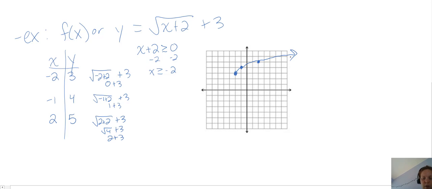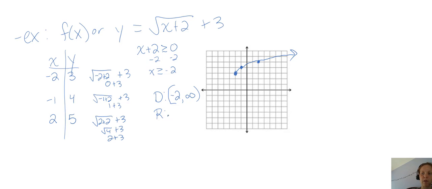So for this one, and we started talking about this domain, the first time I have an x is negative 2, and then it keeps going to infinity. And then the range, since it's a square root, but that plus 3 on the outside of the radical means that it's shifted up 3. So everything is going up 3. So our first y is 3 to infinity.